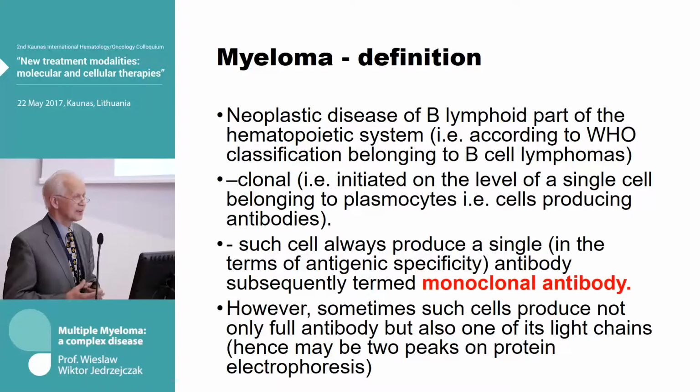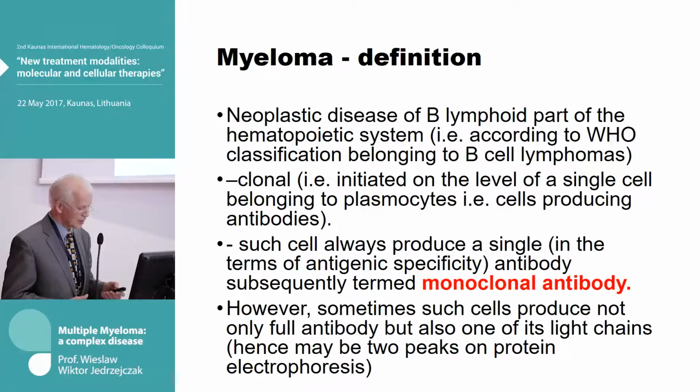And it is important that this neoplastic cell and its progeny produce a single antibody, single from the point of view of antigenic specificity, and it is then called a monoclonal antibody. Besides, not always is this antibody a full antibody molecule, but sometimes only part, either heavy or more frequently light chains.